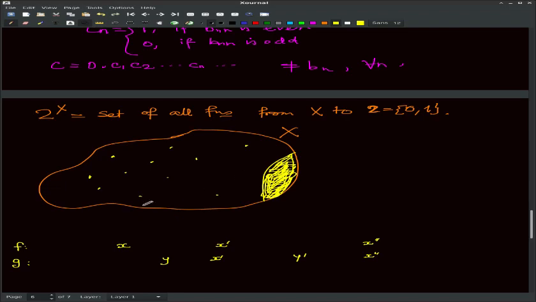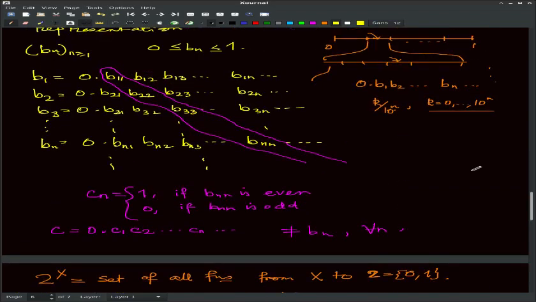Now, remember, this place corresponds to a point in x. So what you are taking are those points x such that x doesn't belong to fx. So you're actually doing this.